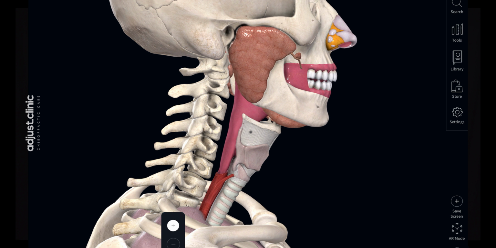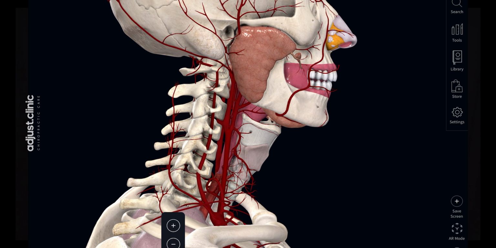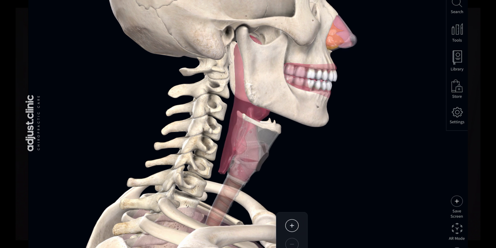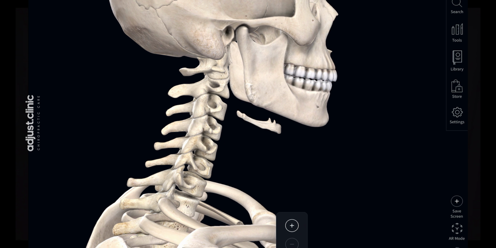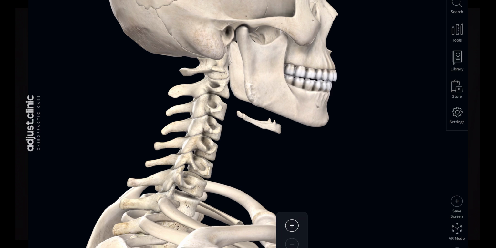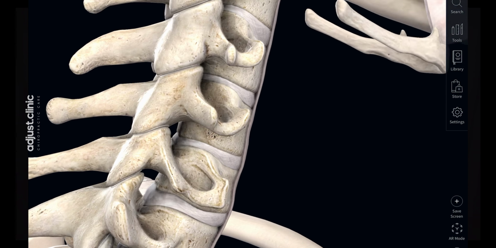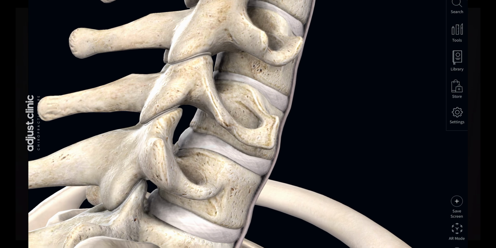You've also got some arteries in there, and we can add those, but I'm going to take those away for now to simplify it, because those are not often pain generators for the neck. What we do have for pain generators for the neck are the ligaments and the discs in the spine.